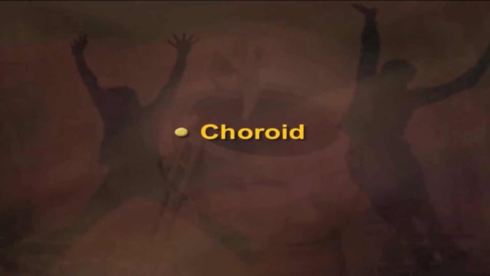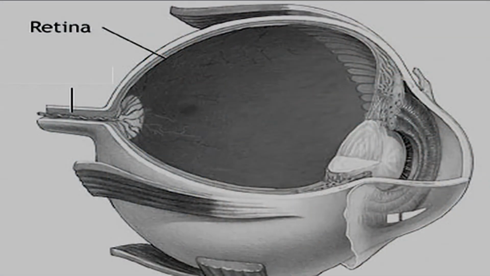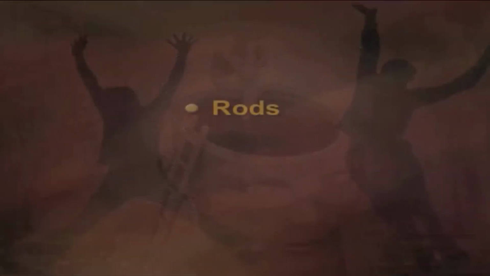The second innermost layer is choroid, which contains the iris and also contains blood vessels necessary for oxygen supply to the eye. The third layer, the most interior layer, is the retina. The retina consists of the specialized sensory receptors known as rods and cones.